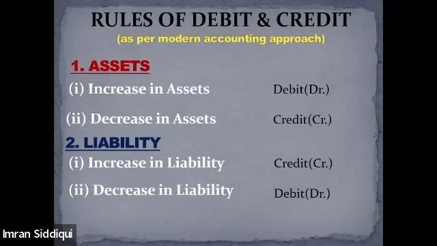While discussing the rules of debit and credit, we discussed that for all asset-related transactions, if it causes an increase in the asset, it needs to be debited to the asset account. If it causes a reduction in the value of the asset, such a transaction needs to be credited. In respect of liability, the rule is just opposite, wherein an increase in liability needs to be credited and a decrease in liability needs to be debited.